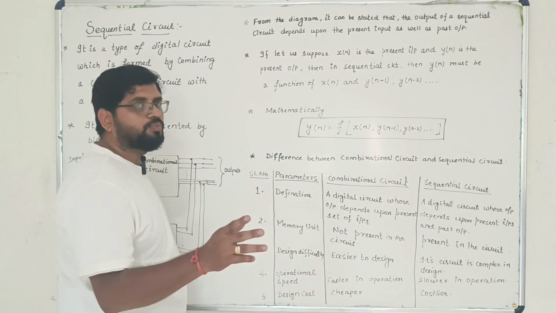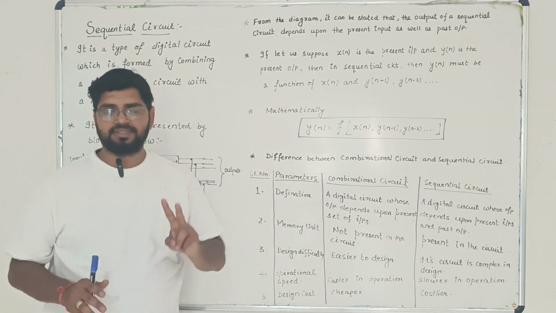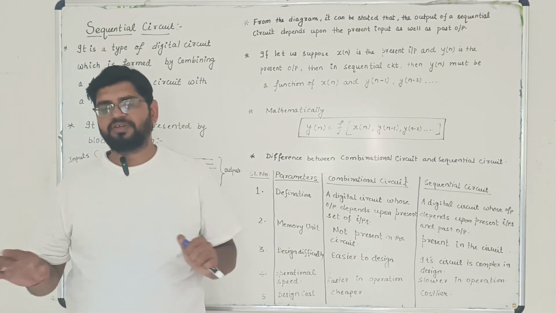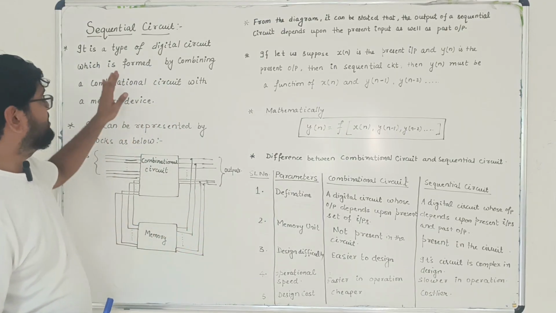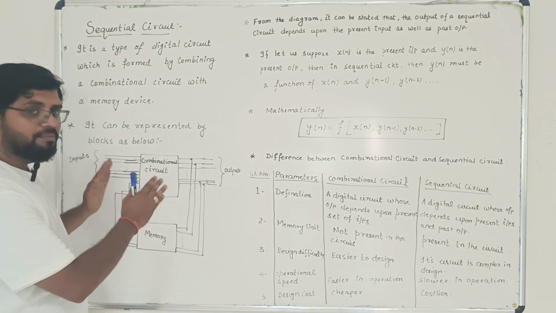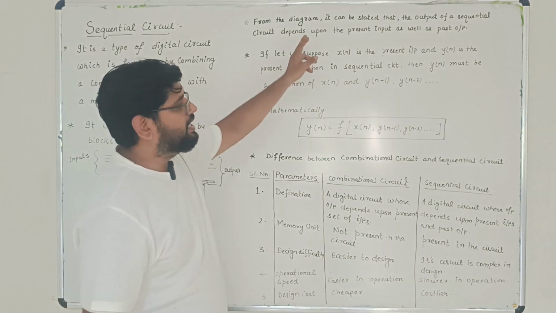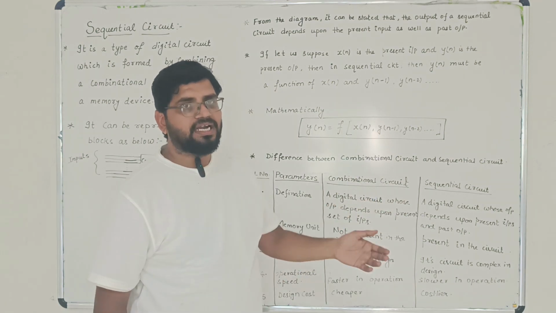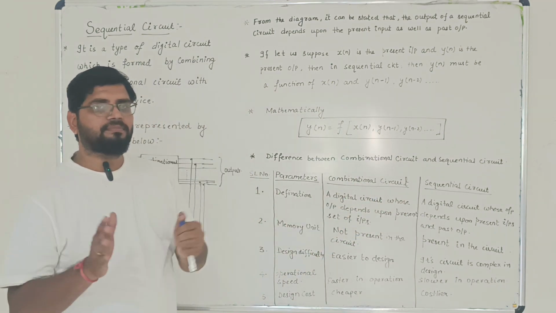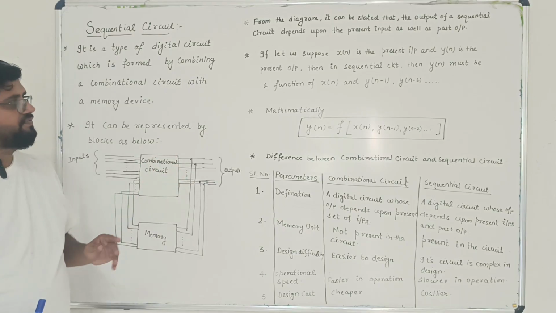These are the 2 points to keep in mind while defining a sequential circuit. The first is that it is formed by combining a combinational circuit with a memory element, and the second is that its output is dependent on the present set of input and past output. If you combine these 2 points, you will be able to define the sequential circuit perfectly.